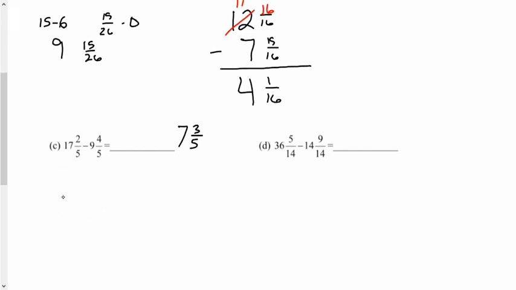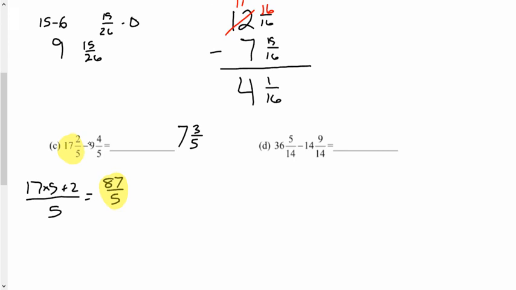What I'm going to do for this other one is change it to an improper fraction. So I will take 17 times 5 plus 2. Okay. Let's see, 17 times 5 is 85, plus 2 is 87/5. So this part here becomes 87/5. Easy enough.